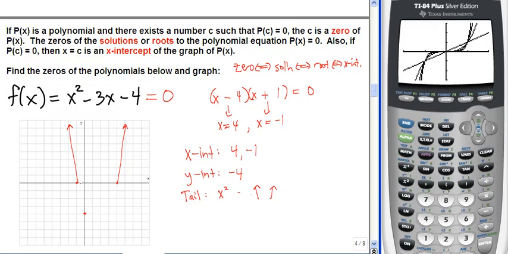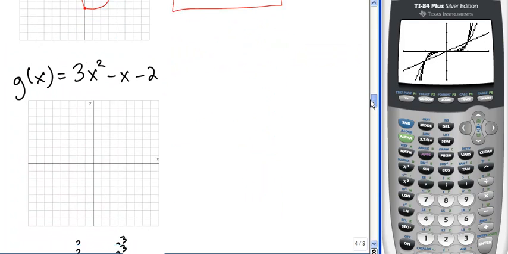And now all I need to do is connect this down with that y-intercept and make that parabolic shape, since we know that this is an x squared. So there again is just a very rough sketch of what your graph would look like. And really all I'm expecting you to consider to get your graph are your x-intercepts, your y-intercepts, and that tail behavior. Let's try another one.